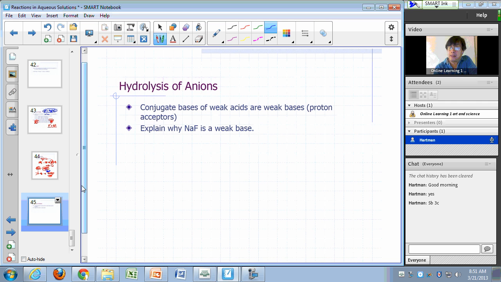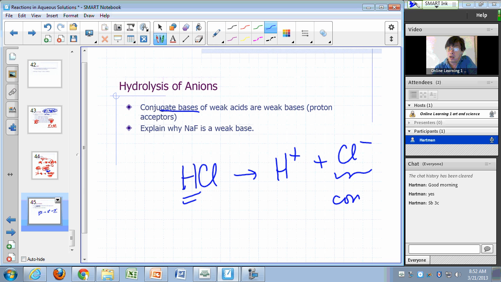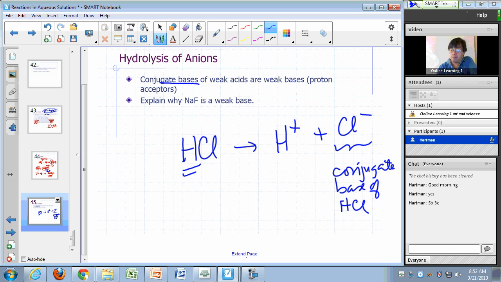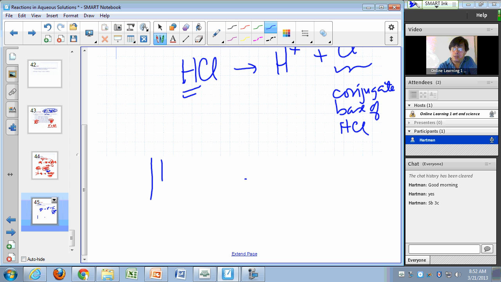Conjugate bases. Conjugate base simply means the negative ion you get when an H plus breaks off from an acid. So for example, HCl, when that H breaks off, you have H plus plus chloride, and this is called the conjugate base of HCl. If you have nitrous acid, for example, HNO2, when the H plus breaks off, what's left behind?